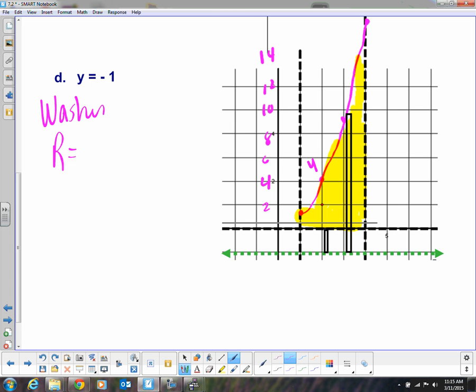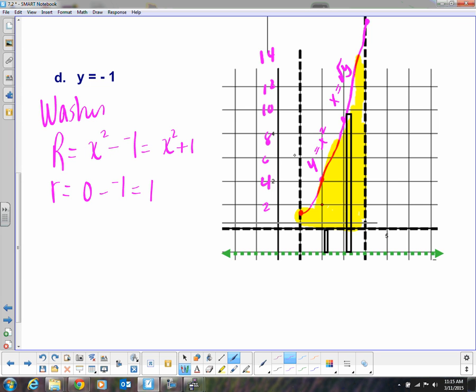We had y equals x squared, and we had x equals square root of y. Which ones do we use? X squared. All right, and that's top minus what's the bottom? -1. So what is that? X squared plus 1. Little r, top, 0 minus the bottom, -1. What do I have? 1.